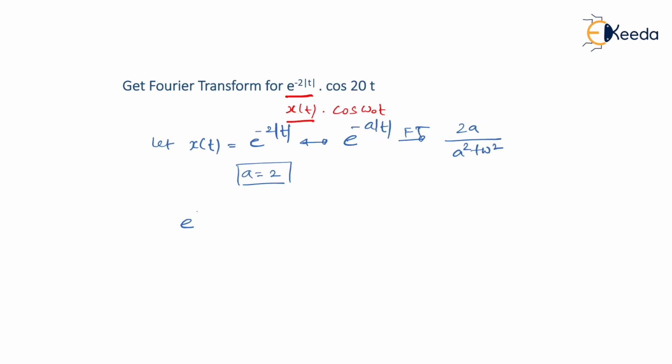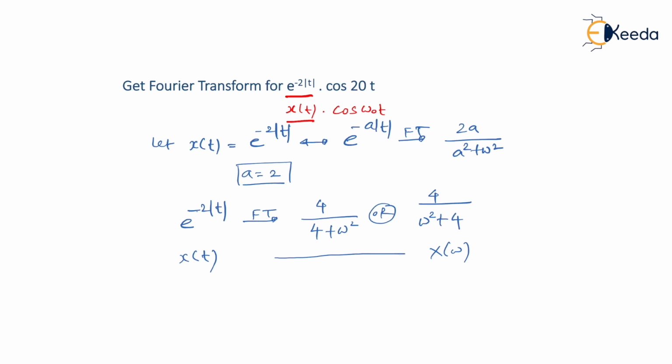So I would say e to the power minus 2 mod of t will have a Fourier transform as 4 upon 4 plus omega square, or you can rewrite this as 4 upon omega square plus 4. So when I say this is your x of t, this is your final X of omega.